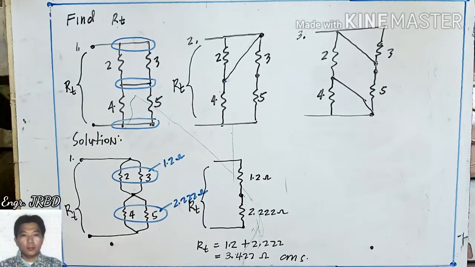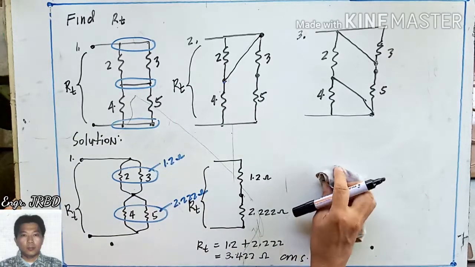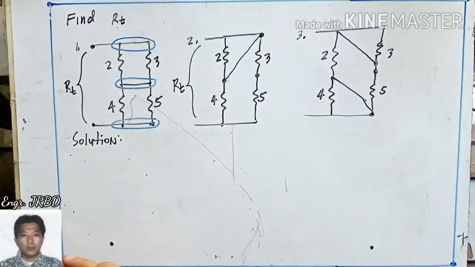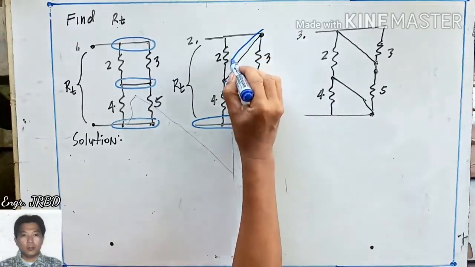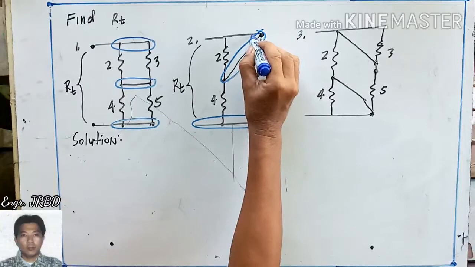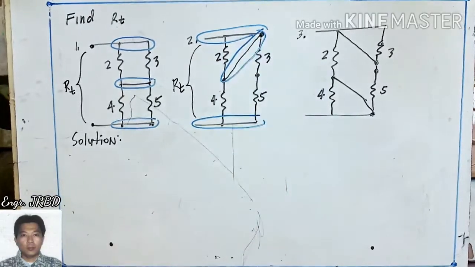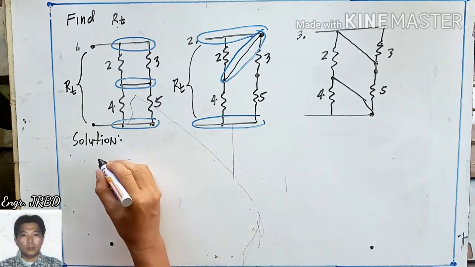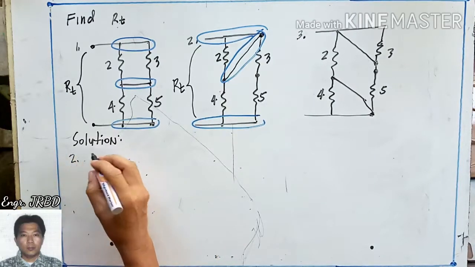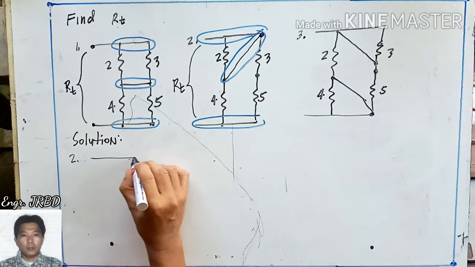So let us try to redraw the figure, compressing the connection points. We will try to compress this part as well as this and this one. If we redraw that slowly, problem number 2 will look like this.